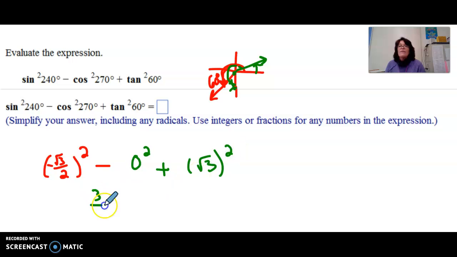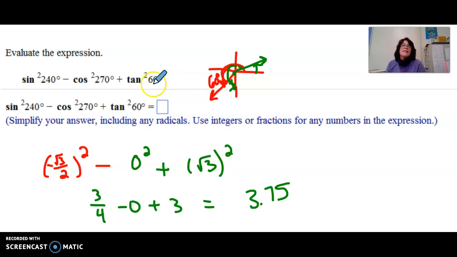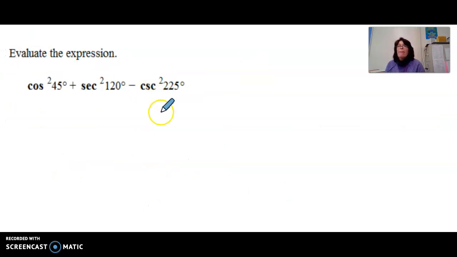Okay, so I have 3/4 minus 0 plus 3. The final answer is 3 3/4, or 3.75. Okay, so I needed a reference angle to help me with 240. 270 was a quadrantal angle, I already knew. And 60 is one of my special angles that we have the table for.